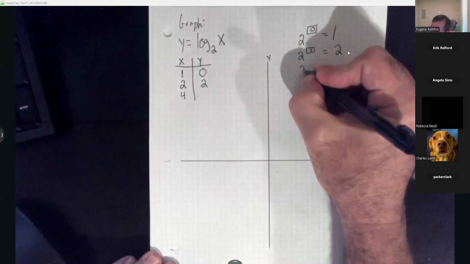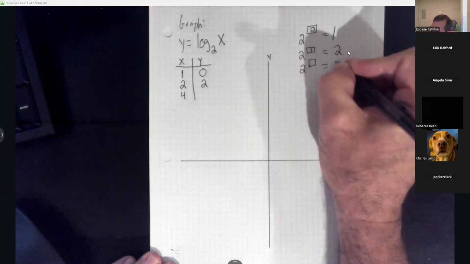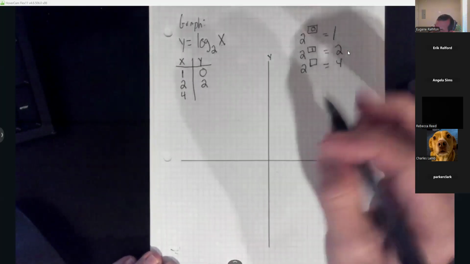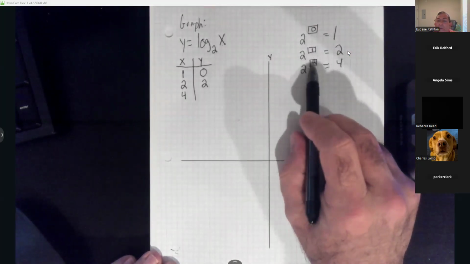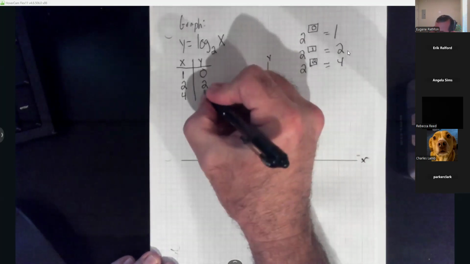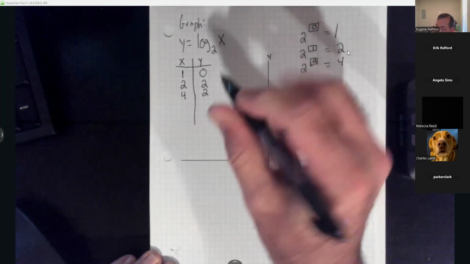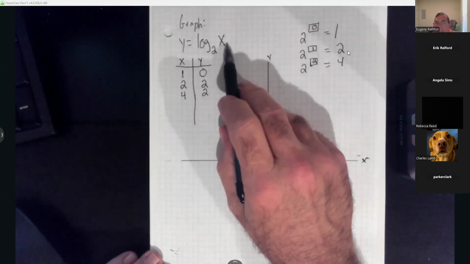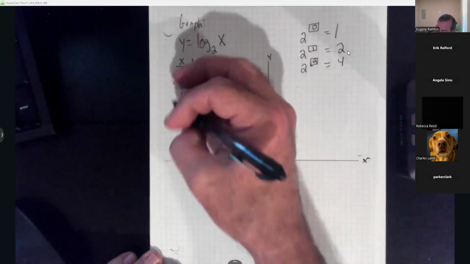That would be like 2 to what exponent is going to equal 4? Well, y'all, that means that the exponent I'm looking for would be a 2. 2 squared equals 4. And y'all, let me try one more. So I'm not going to put a 5 here, a 6 here, or a 7. The next number I would put would be an 8.